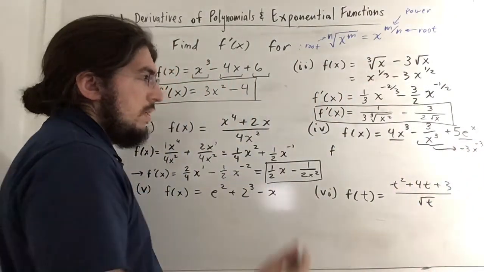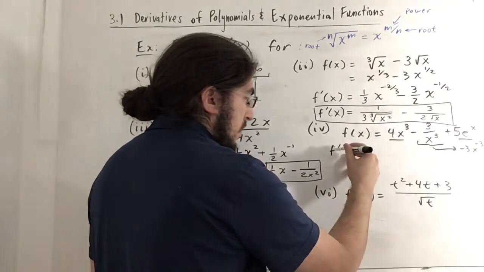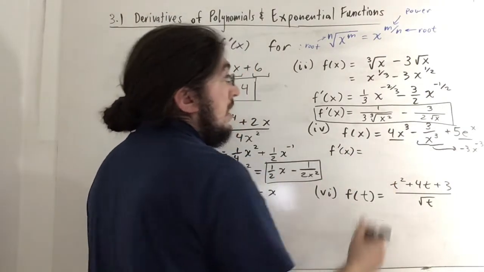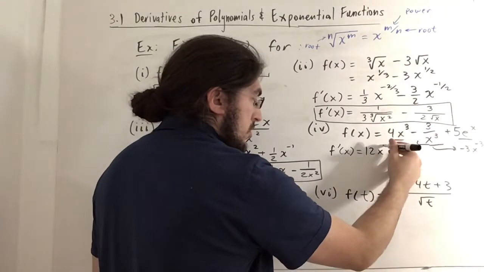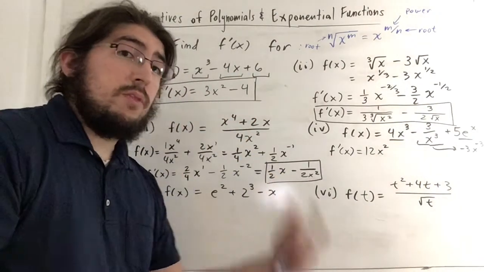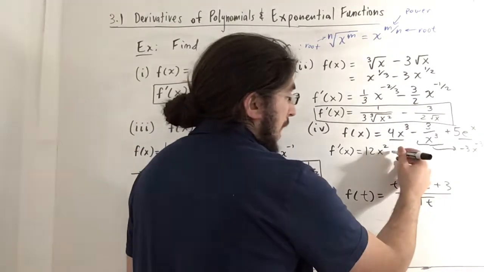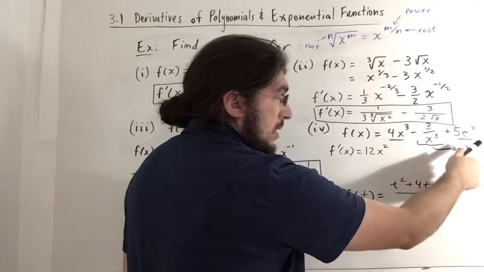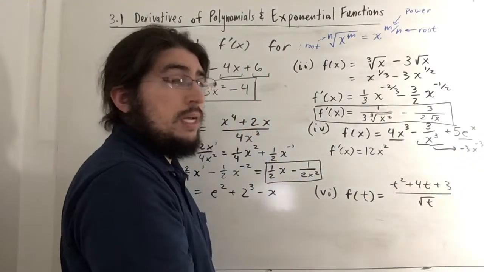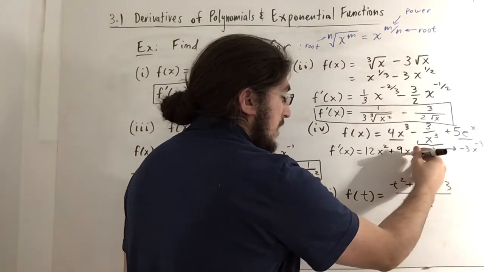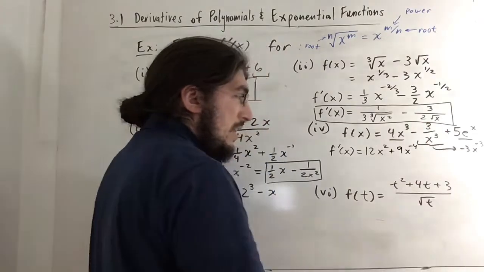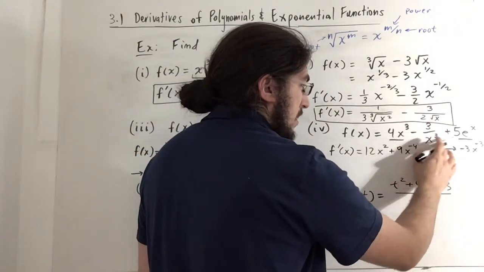Okay, so now that we have that settled, the derivative then is what? Well, bring the 3 down, so it's 12x to the 2, because 3 minus 1 is 2. Again, you subtract 1 from the power. Minus, well, actually not minus, because look, this negative 3 power comes down and multiplies by that negative 3 that's already there. So it's positive 9x to the negative 4.